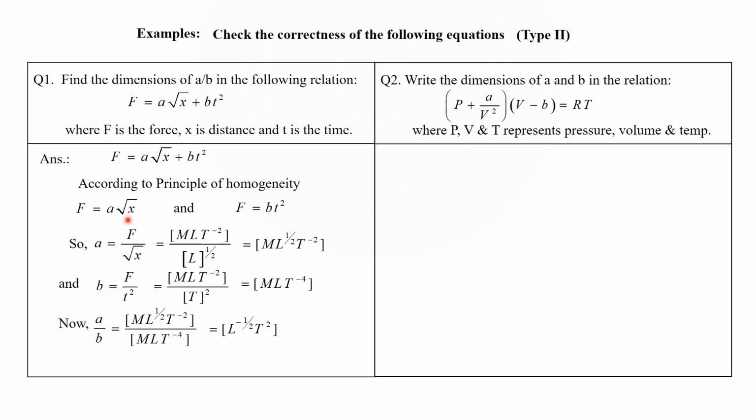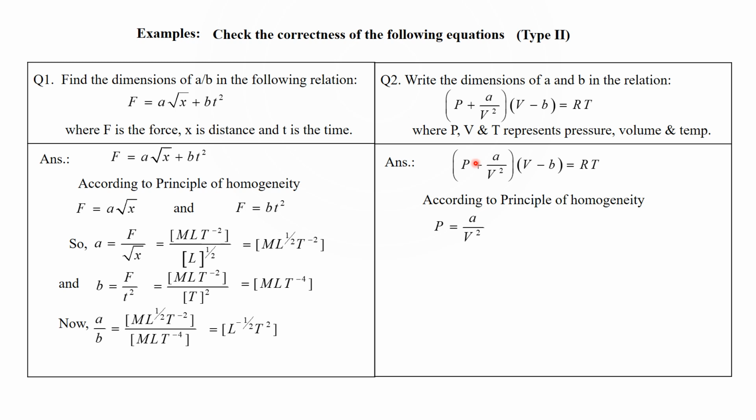Another example, children. This is the equation. I need to find the dimensions of A and B in the relation. According to the principle of homogeneity, what I told, that on both sides of a plus and minus sign the dimensions are the same.